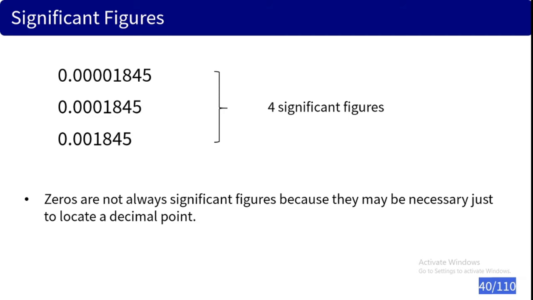So let's not assume that since they have the same number of significant figures, they apply the same way in our computations. No, it doesn't work that way, because zeros in decimal places are not always significant figures, since they are necessary just to locate the decimal point.